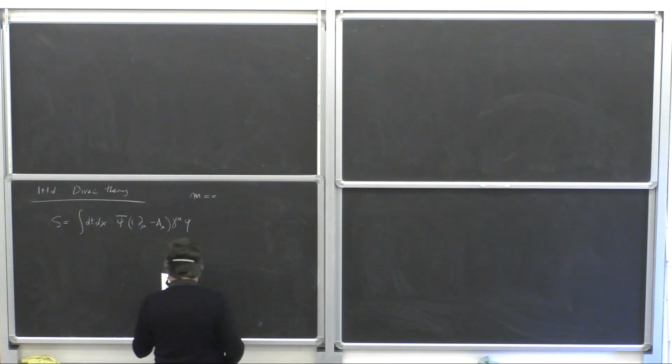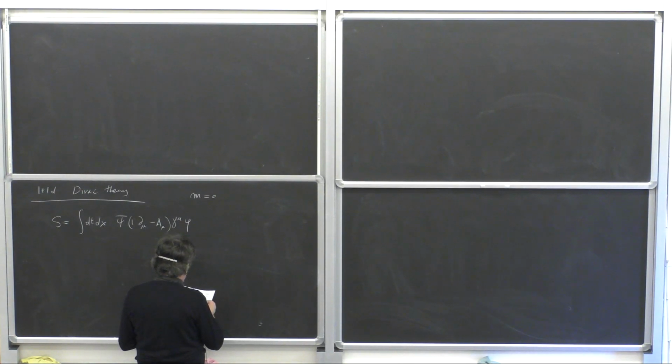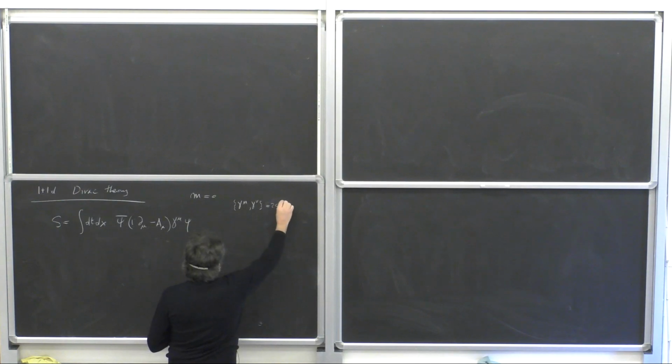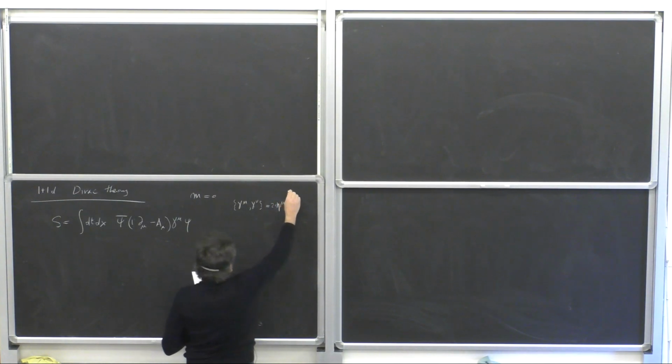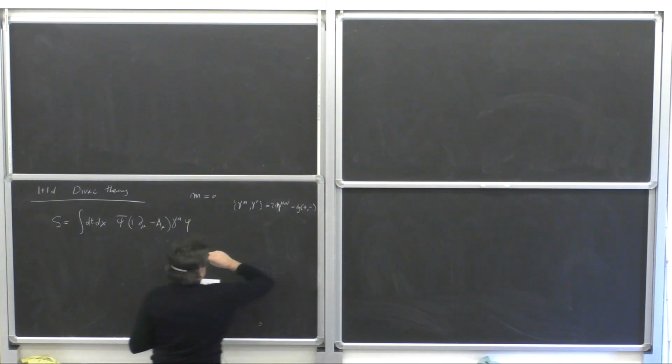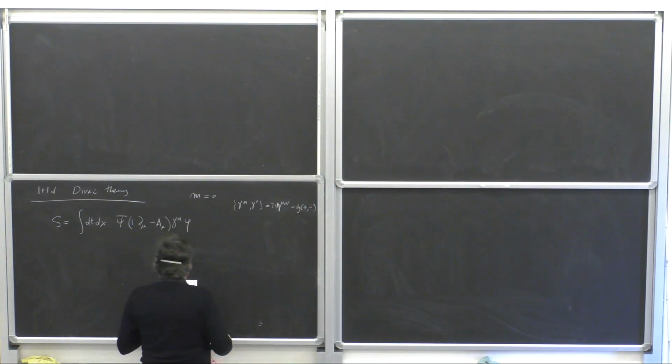The gamma matrices are the Dirac gamma matrices. They obey the Clifford algebra, with the metric being diagonal plus minus.